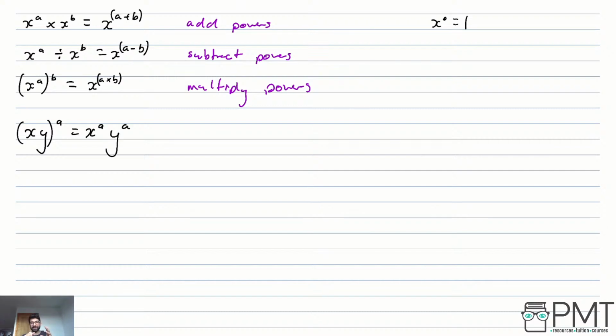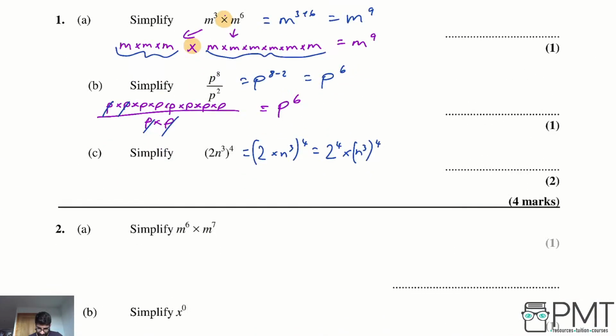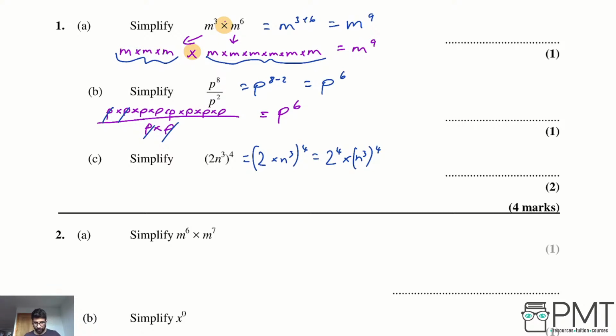If you have a bracket with a power, but the bracket has two terms, the power is applied to both of them. In this example, we had 2 and then n cubed. They are two separate terms, and they both get that power of 4. Rebecca, yes, 2 to the 4.